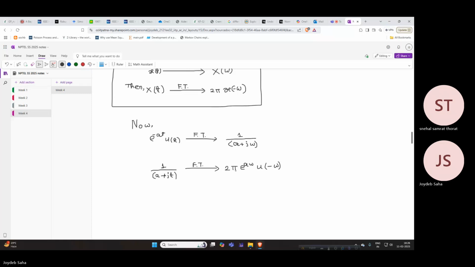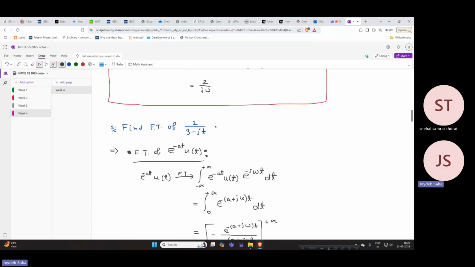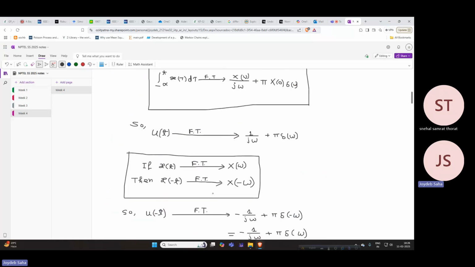Okay, now if we apply the time reversal property, have we introduced it earlier? Yes, this is the time reversal property.